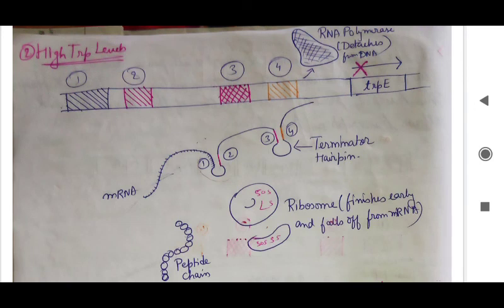mRNA. Actually, when the ribosome quickly falls off from the mRNA just after translating the leader peptide, it indicates that tryptophan is available. That's why the ribosome can quickly translate the leader peptide.